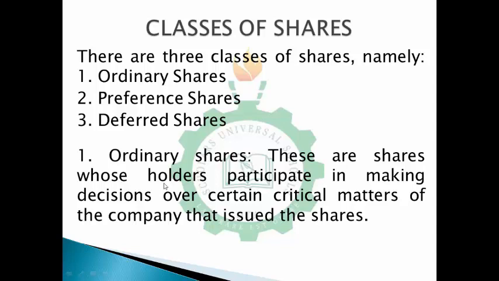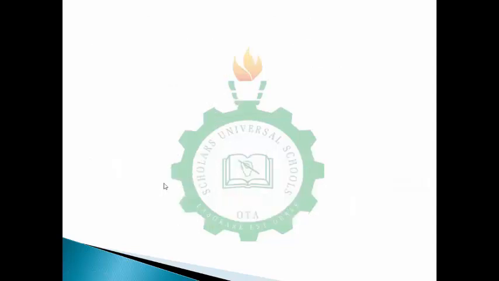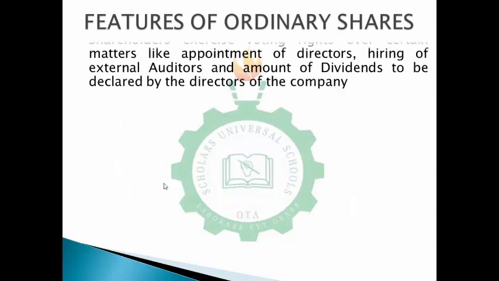Okay, so let's discuss the features of ordinary shareholders so that we get to understand who an ordinary shareholder is properly. All right, so the first feature is that they exercise voting rights over certain matters like appointment of directors, hiring of external auditors, and the amount of dividends to be declared by the directors of the company.